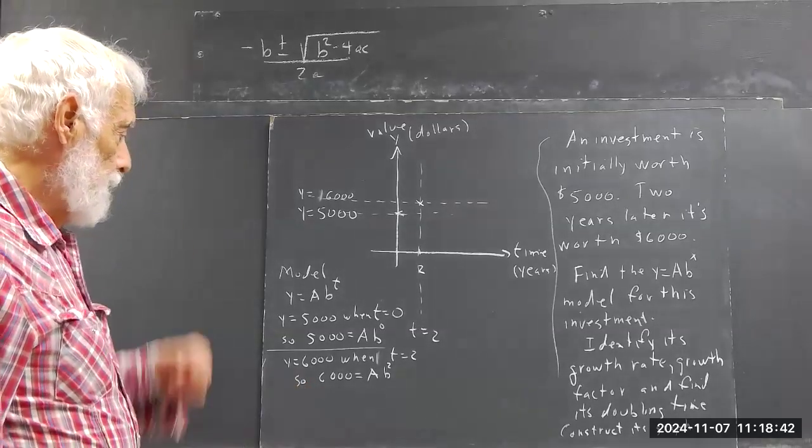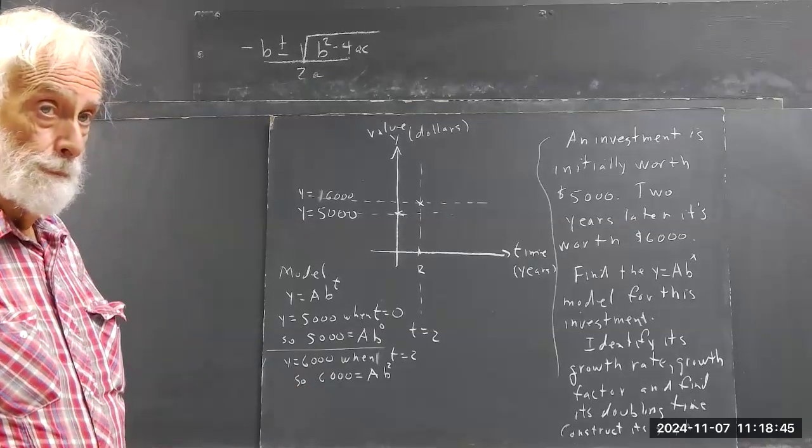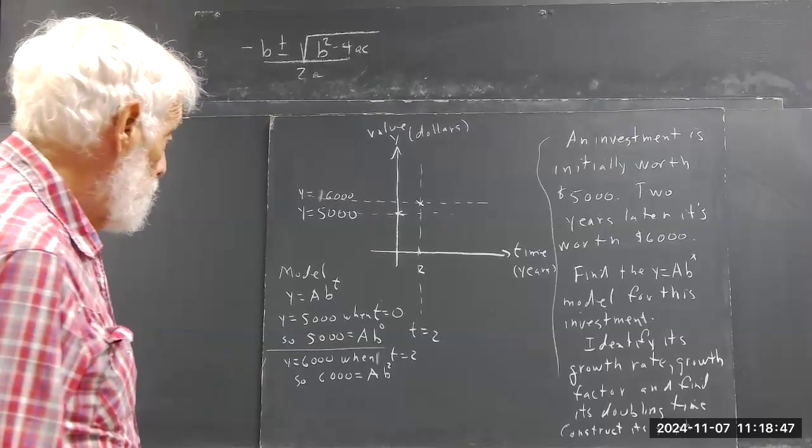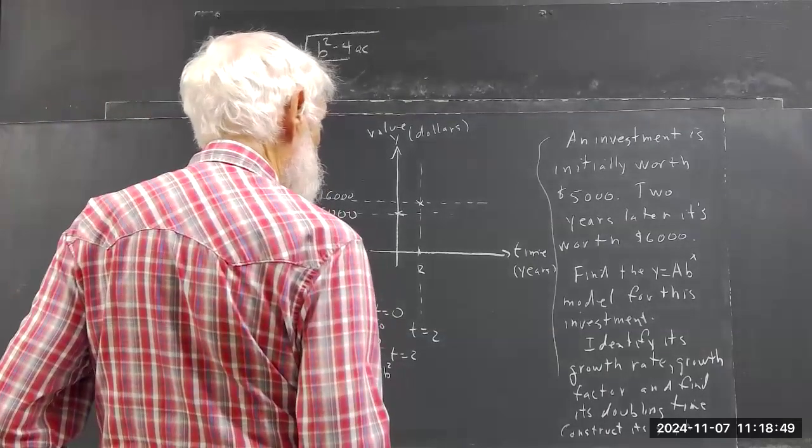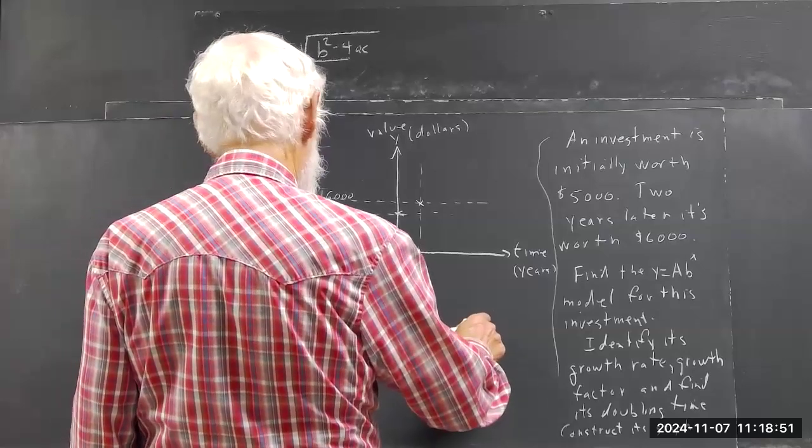So we get 6,000 equals A B squared. Okay. Well, we can write those two equations. We can write them over here.